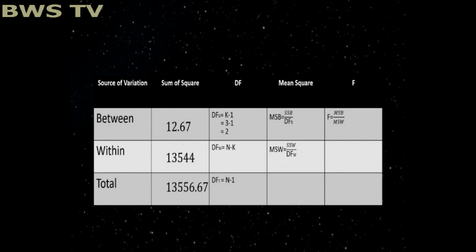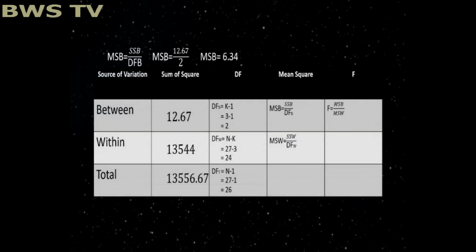And then let's go to DFW. 27 minus 3 equals 24. And then our DFT, 27 minus 1 is equal to 26. Now let's go to MSB. Just substitute it, and then you get the answer of 6.34. Now let's start with MSW.